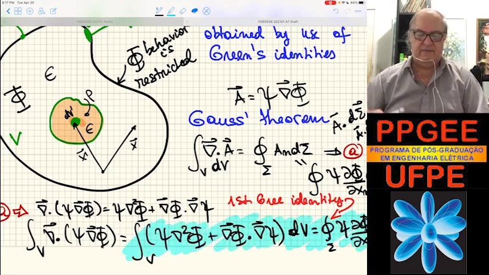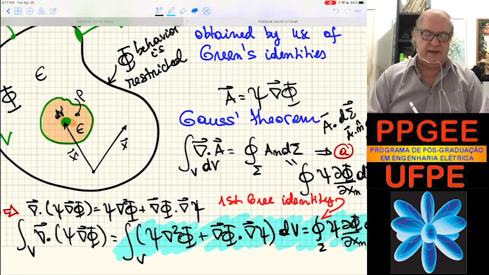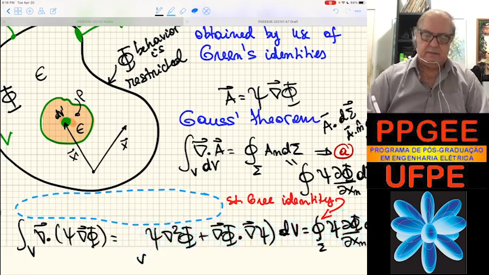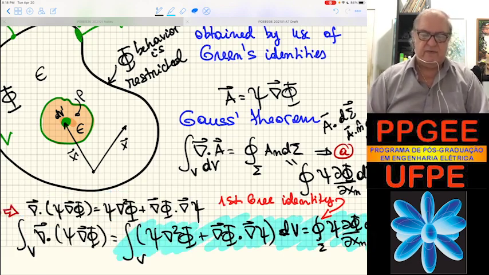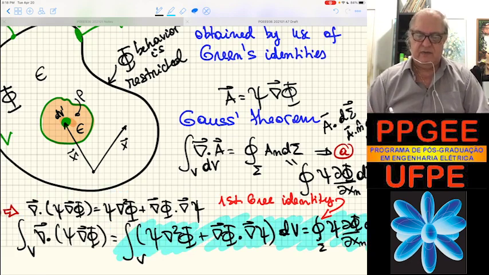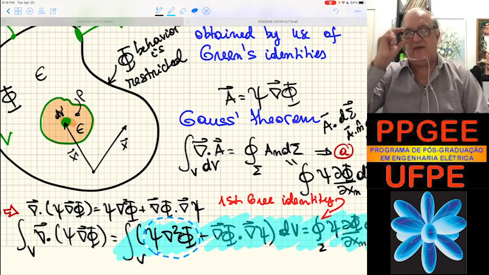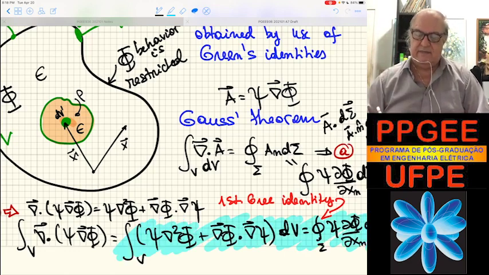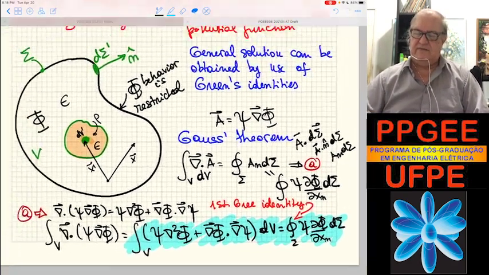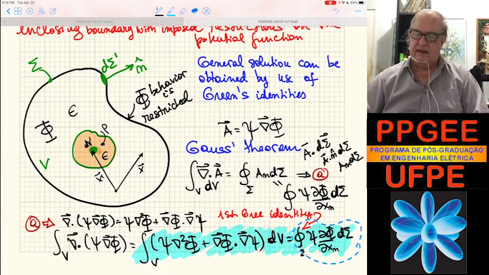So that's Gauss's theorem. If we expand this with the chain rule above, we're going to end up with one term which contains the Laplacian of phi, and the other term that has the gradient of phi dot gradient of psi, right? And on the surface we have that term there, right?